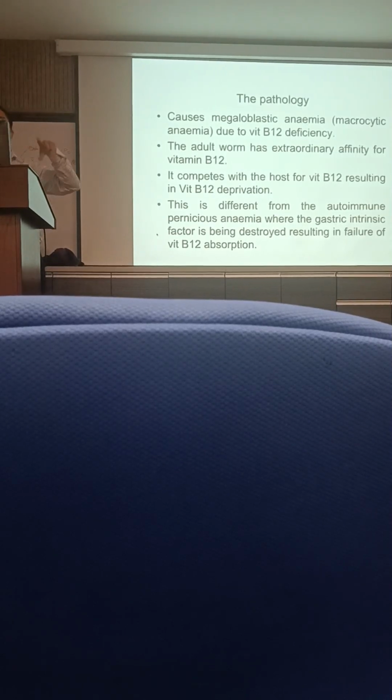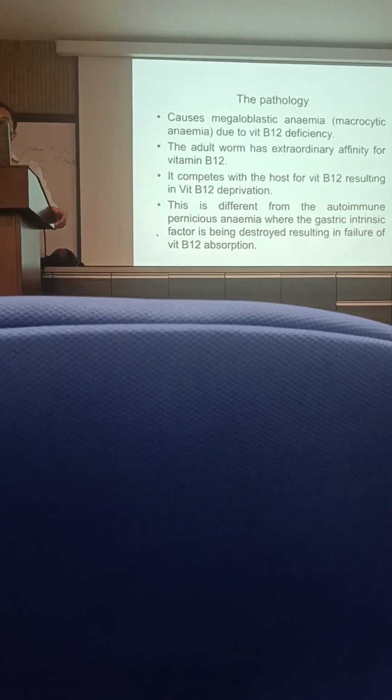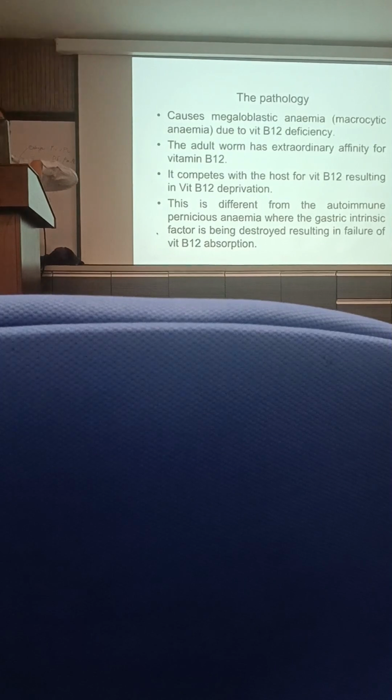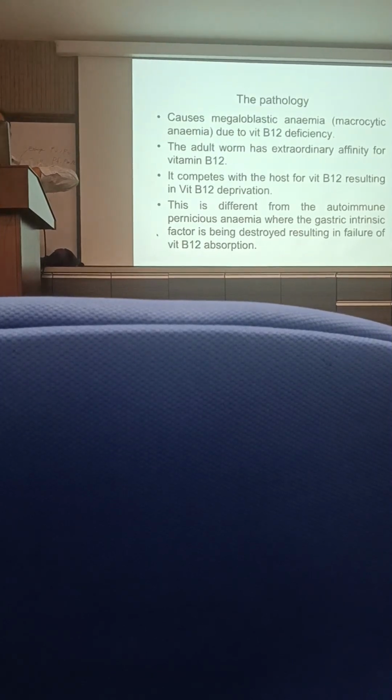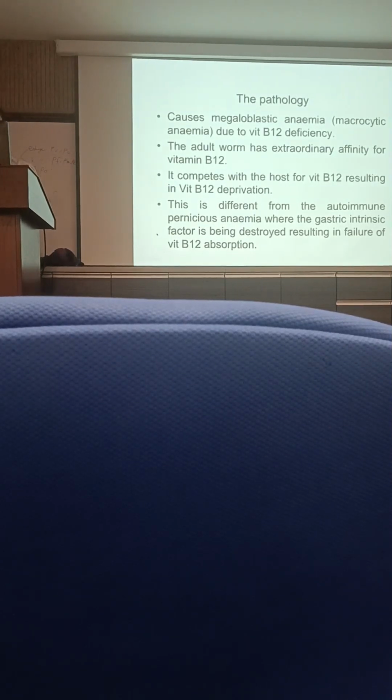If you remember how your acid is being produced by the parietal cells, intrinsic factor, right? So when you have your immune system attacking intrinsic factor, you don't have intrinsic factor, you don't get vitamin B12 being absorbed. Even if you eat a lot of vitamin B12, right?